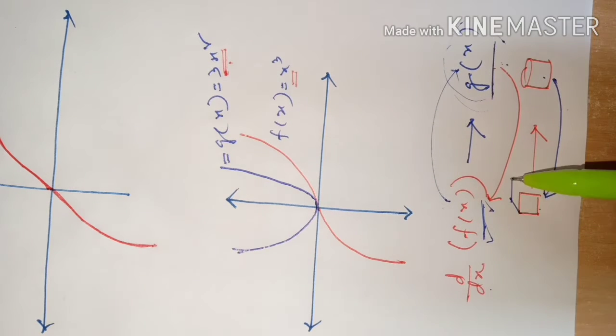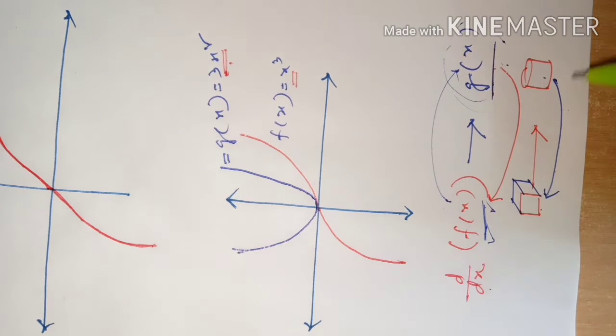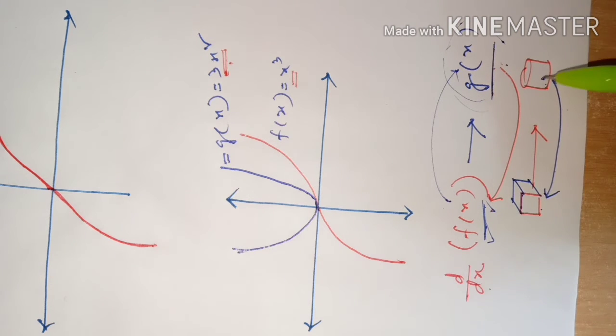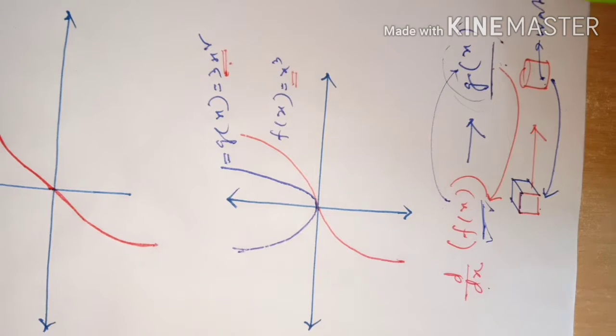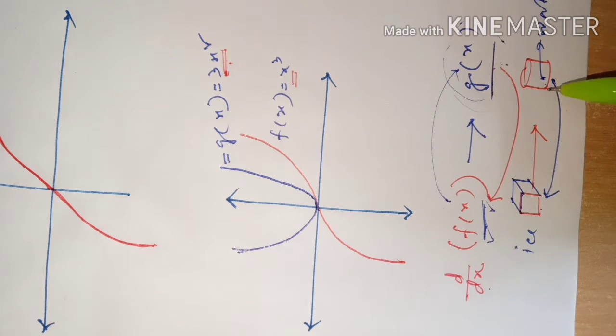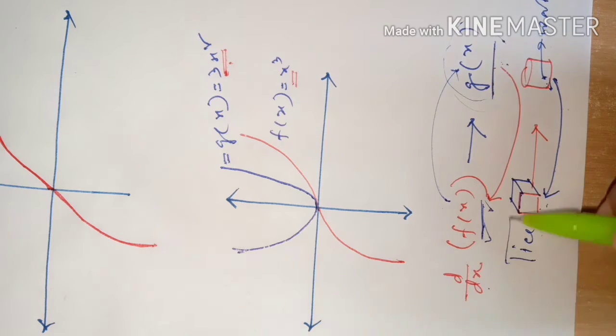Yes, we can get back. If we get back, that means we are finding the primitive of this water. This is water, and this is ice. As ice can get converted into water, water can also be reshaped into ice.